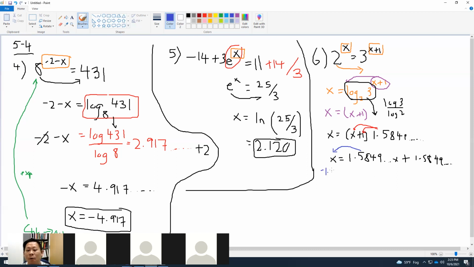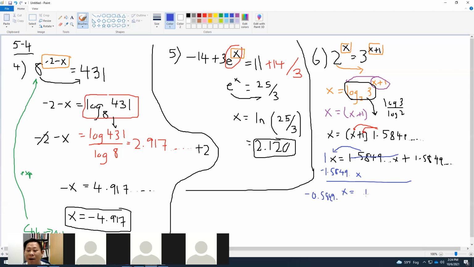So I will subtract 1.5849x. So this is gone. Can someone use a calculator and figure out what is the number in front of this x here? This is 1 minus 1.5849, right? Negative 0.5849, right?